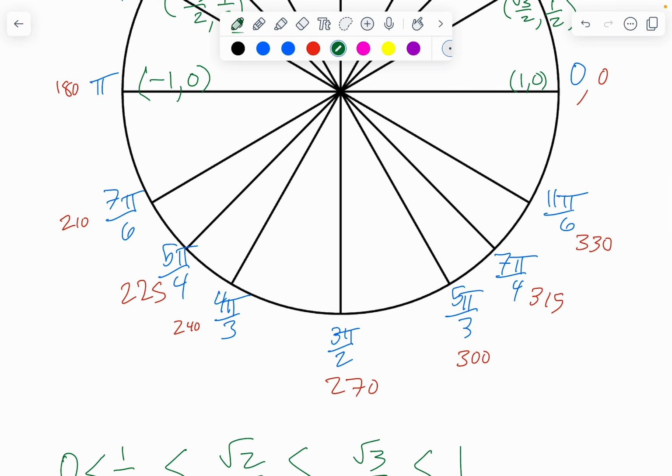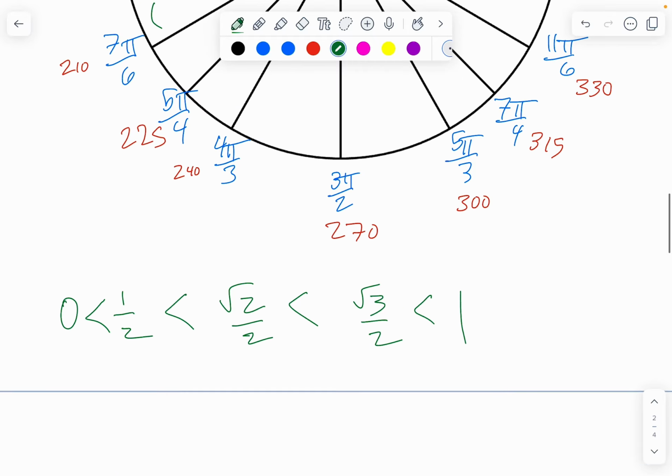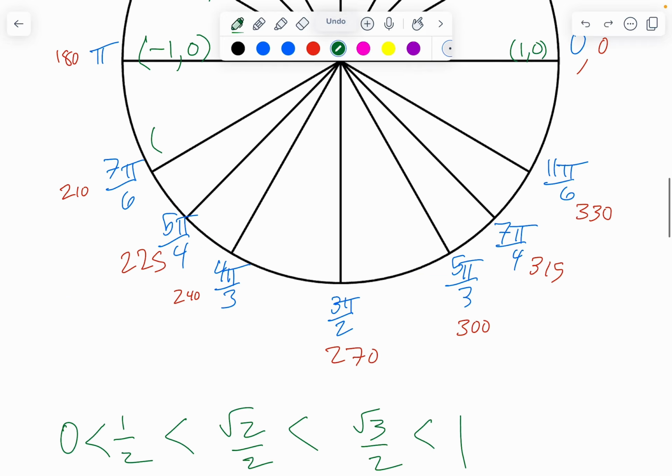Continuing on, our x value went from the largest to the smallest, and then in the next quadrant we went from the smallest to the largest, and now we're back in a quadrant where, as you move around, we're going to get smaller. So negative root 3 over 2 travels with negative 1/2. Then a negative root 2 over 2, and this is a negative root 2 over 2, because in this quadrant, x and y are both negative.